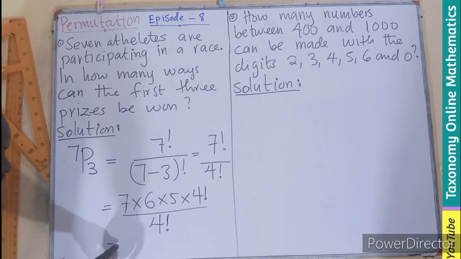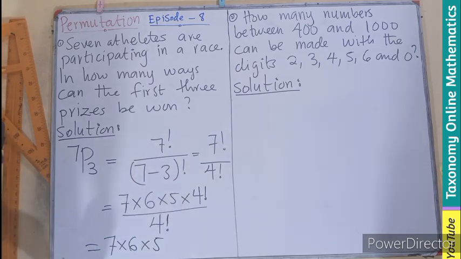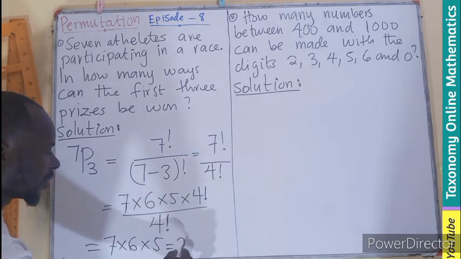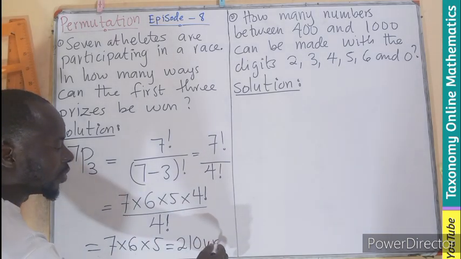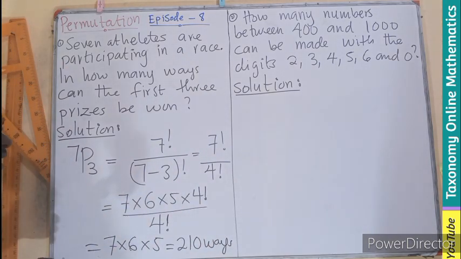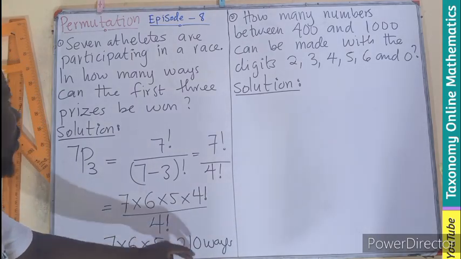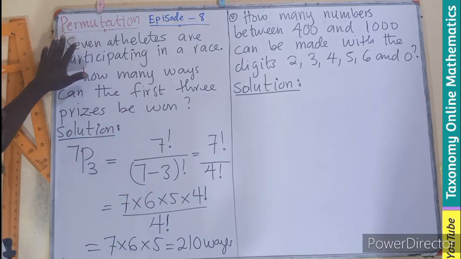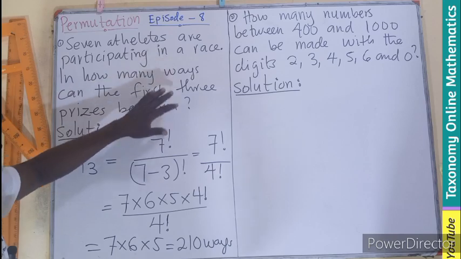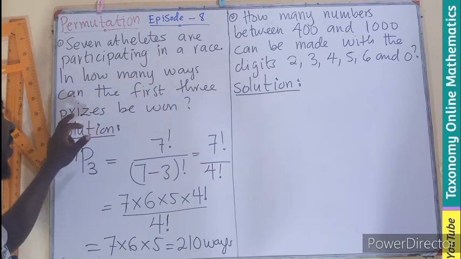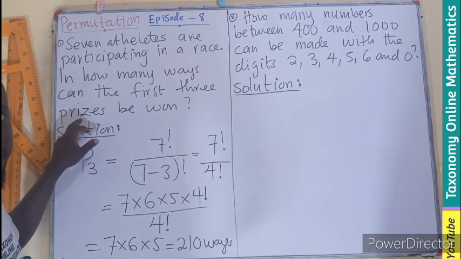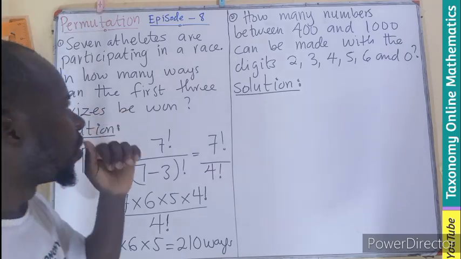This simply means I should have 7 times 6 times what? 5. And in this case I should have 30. 30 times this will give us 210 what? Ways. So 210 different ways by which we can arrange the 7 athletes whereby the first 3 prizes will be won. Alright, then let's look at the second one.